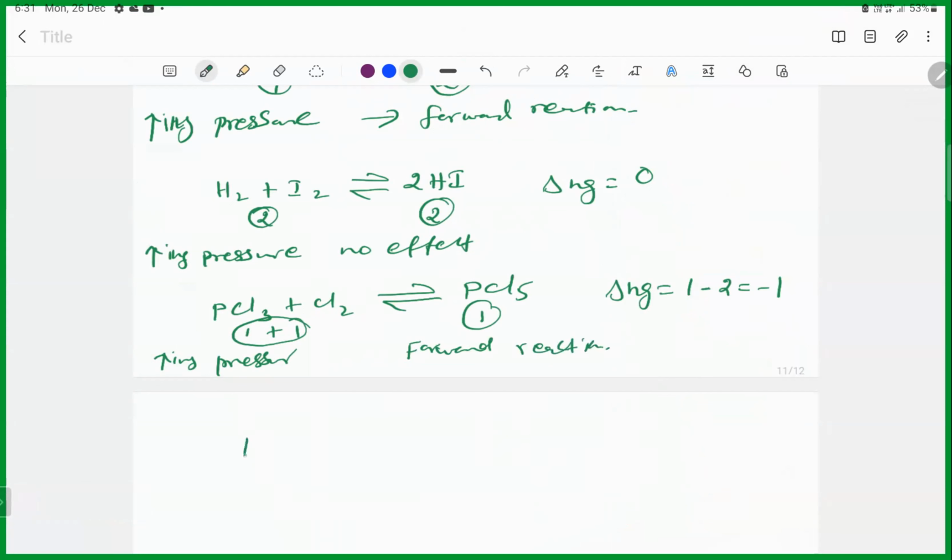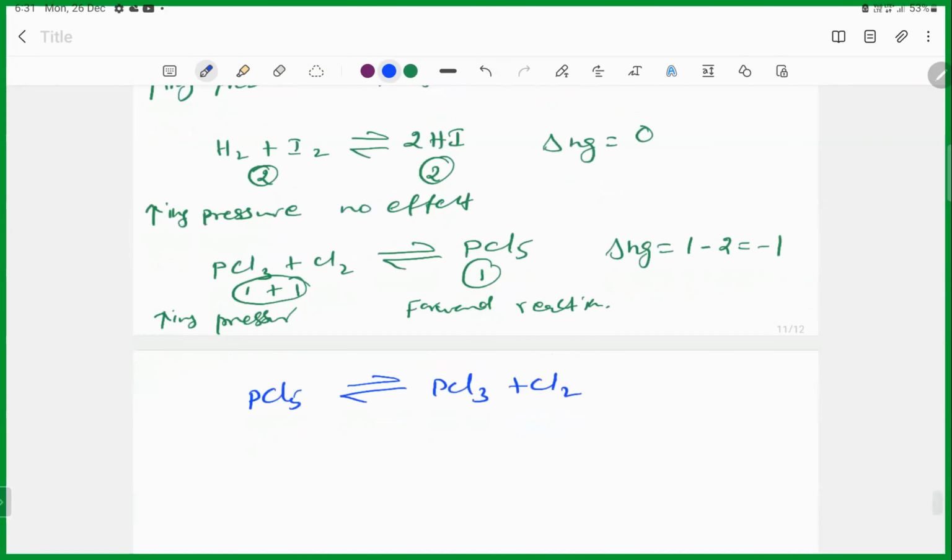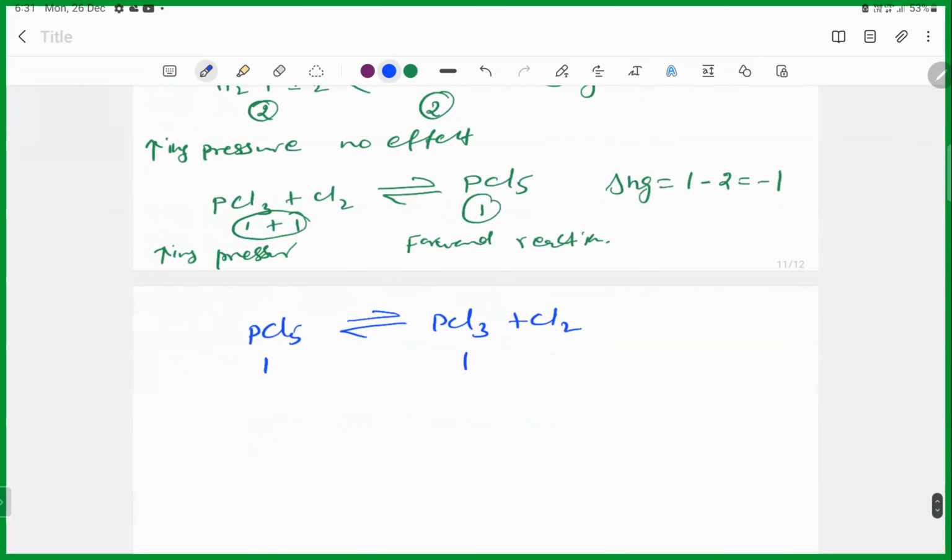Suppose the same reaction, I am writing PCl5 gives PCl3 plus Cl2. So this is 1 mole, this is 1 plus 1. So delta Ng is equal to 2 minus 1, it becomes 1.